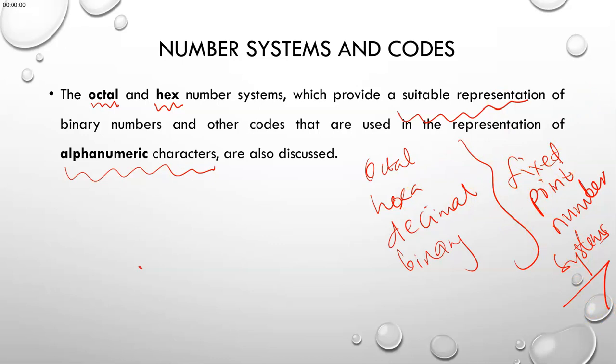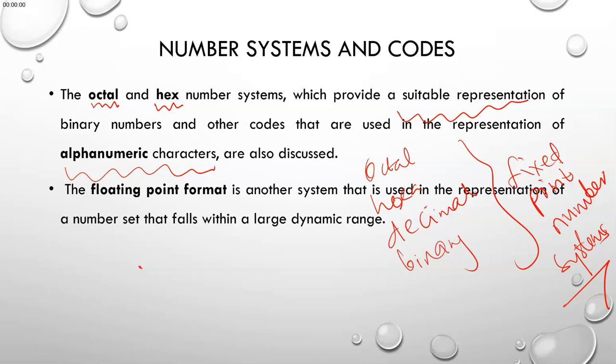But then there are some other applications, particularly scientific, that require an advanced version of number system that is known as the floating point format, in which case the dynamic range of numbers is huge. We'll see that particularly when you want to represent a number such as the speed of light, we normally represent it using this form.